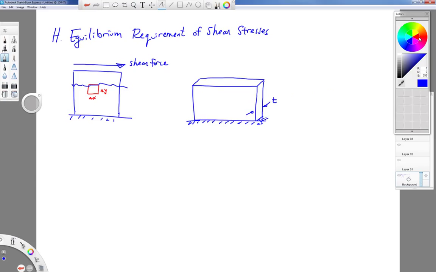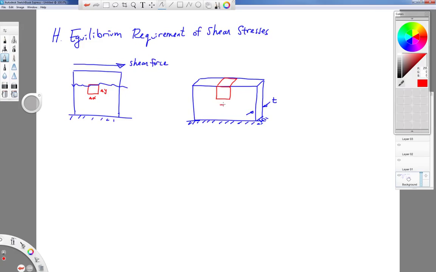Now my red box is still on here. I'm going to draw that in. And we can make it like a cube or a parallelepiped that goes all the way through the thickness, so we have that top surface there as well.